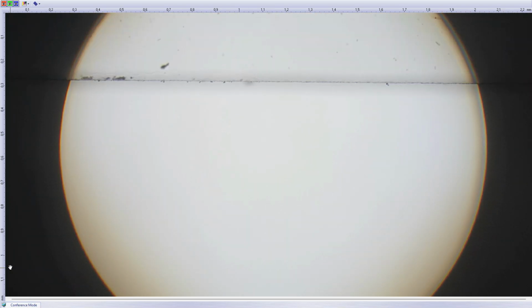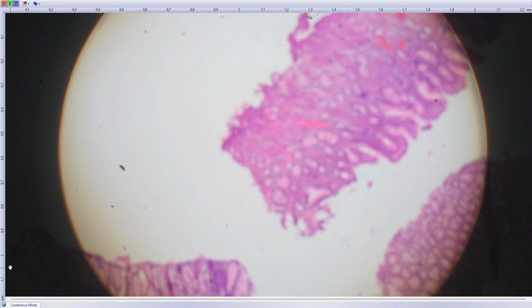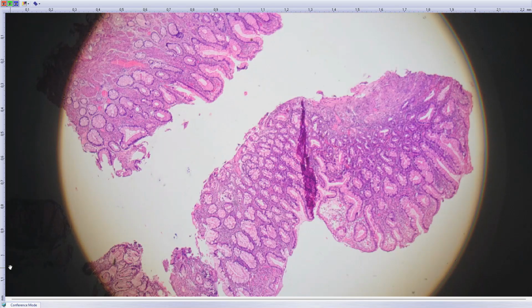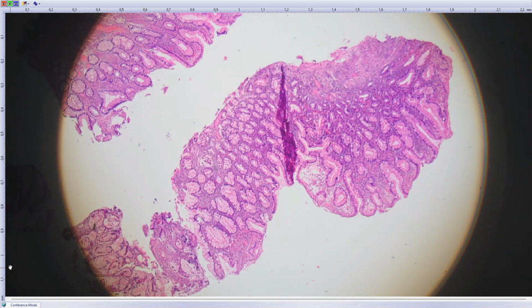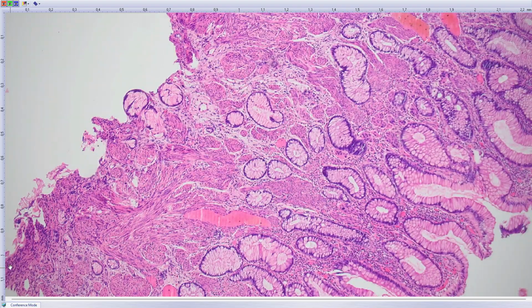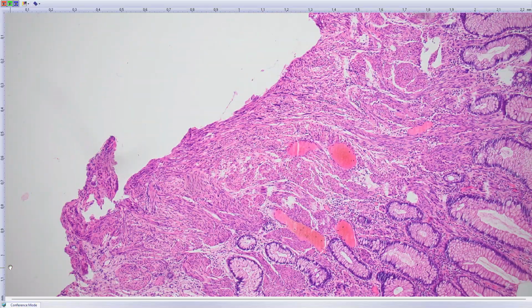My other case is another consult case. This is an older male with a biopsy from a large bowel tumor, and there is nothing interesting in the mucosa, but there is some kind of smooth muscle proliferation, which at first sight looks like mucosal prolapse.